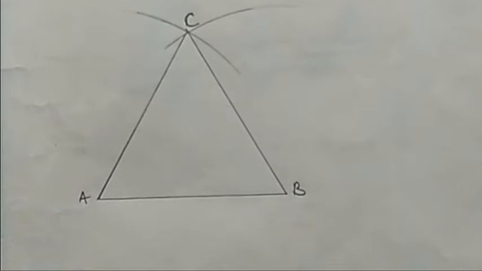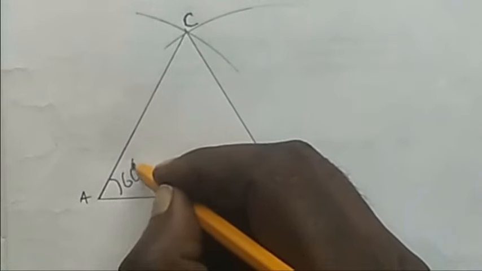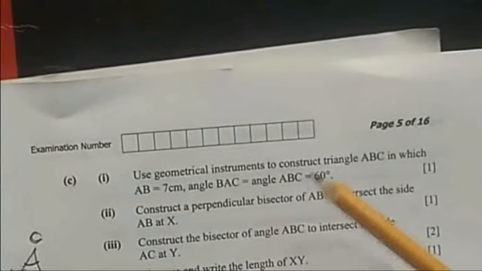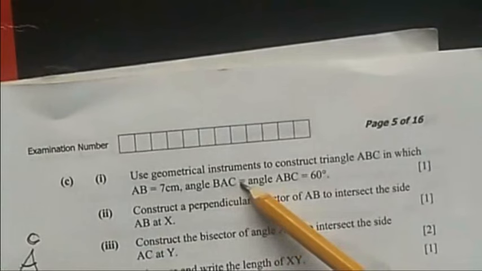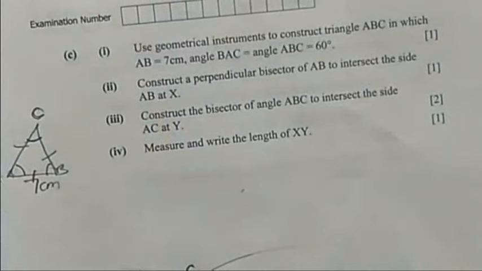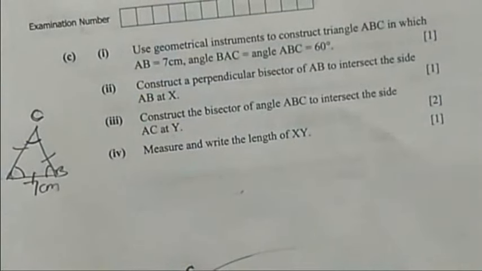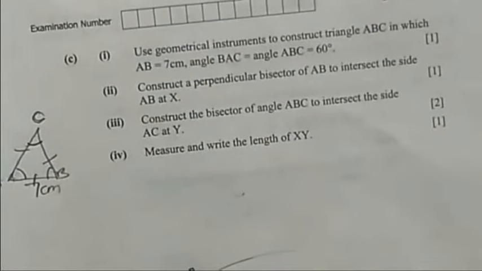Now remember, we are told this is 60 degrees. We are going to say this is 60 degrees. As you can see in the question, we are told to say angle BAC is equal to angle ABC. So let's check it. BAC is equal to 60 degrees, and the angle ABC is equal to 60 degrees.